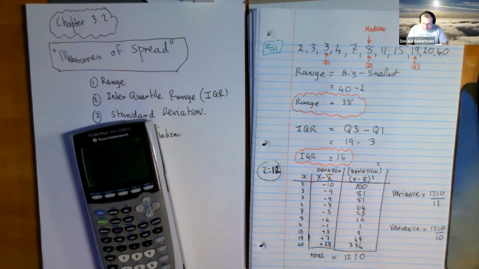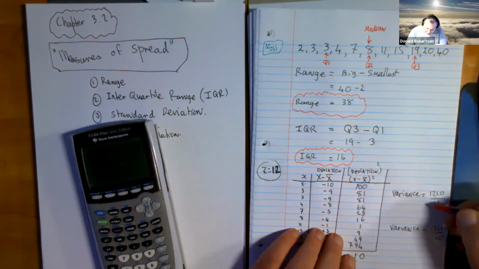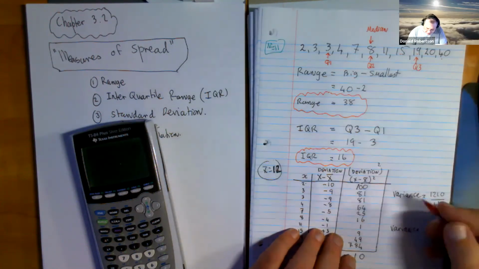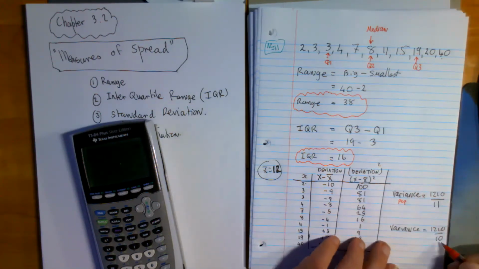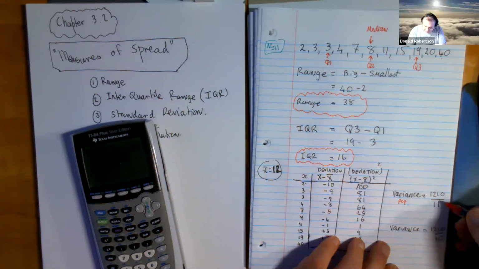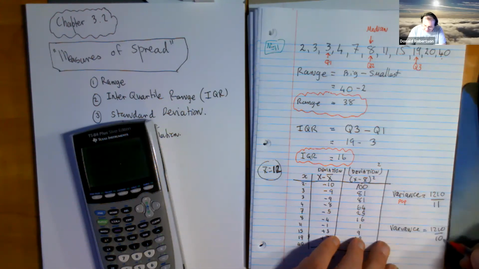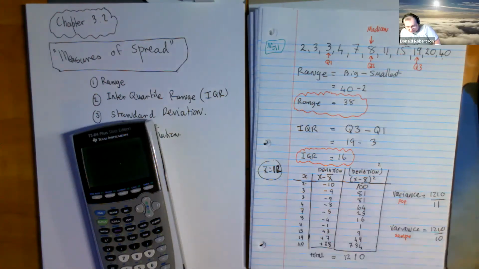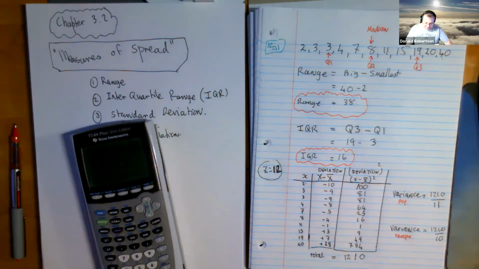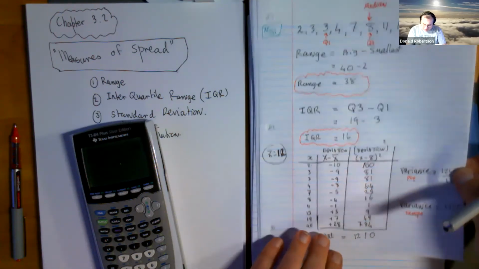So why is there two versions? When you divide it by exactly how many data, this is the variance of the population. And when you do it with one less, so if there's 12 numbers, you do it with 11. If there were 5 numbers, you would do it with 4. We call that the sample variance. So you take these two guys and you divide them, depending which way you want to go.